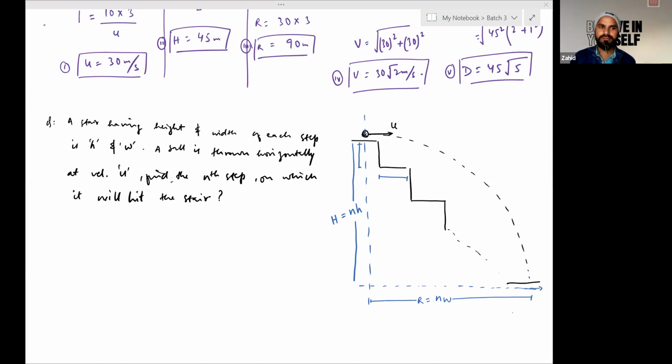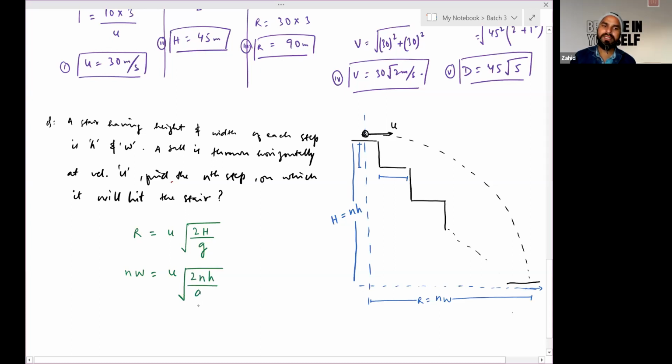As we have the relation between range and height as r equals u times root of 2h by g, r in this example is n times w, and the height is n times h. So r equals u times root of 2 times n into h divided by gravity. Squaring both sides, n squared w squared equals u squared times 2 times n into h divided by gravity.